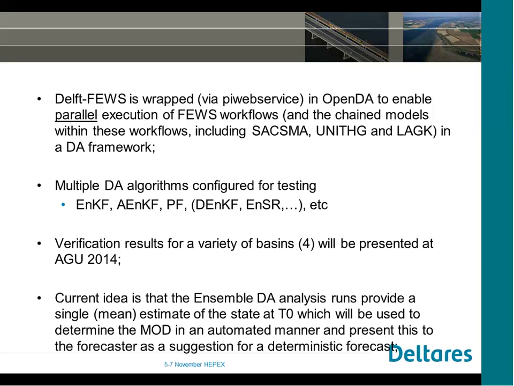The current idea is that the ensemble data assimilation analysis provides a single mean estimate of the state at T0, at the start of the forecast, and then you can calculate the difference with the state used in the deterministic model, and in that sense provide a modification suggestion to the forecast. Then the forecaster can choose to accept that or make their own changes to the model.